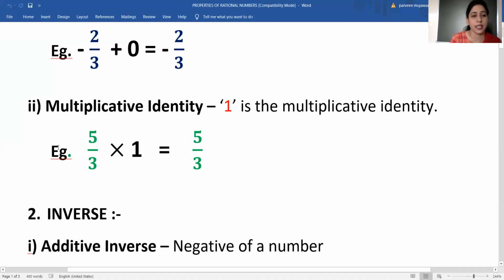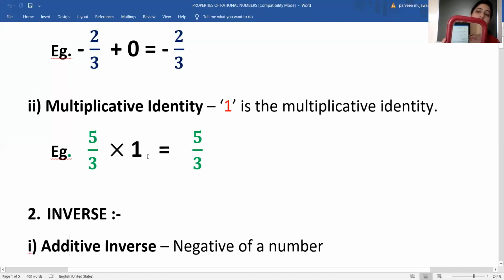You can check with the example. 5 upon 3 is a positive rational number. So any rational number, if multiplied by 1, gives back the same rational number. So 5 upon 3 multiplied by 1 gives back 5 upon 3.